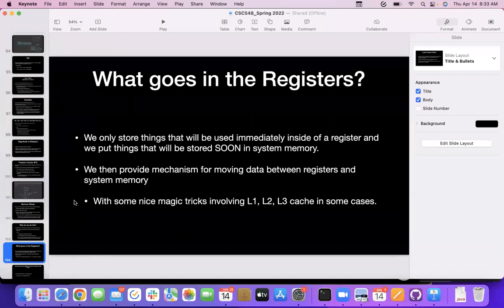If we need a little bit more storage space, but we still want it to be pretty fast, that's when we can branch out into the L1, L2, L3 cache. These are larger chunks of memory that sit somewhere between the hardware registers and system memory. They allow us to store more data, in a kind of grab and go way.